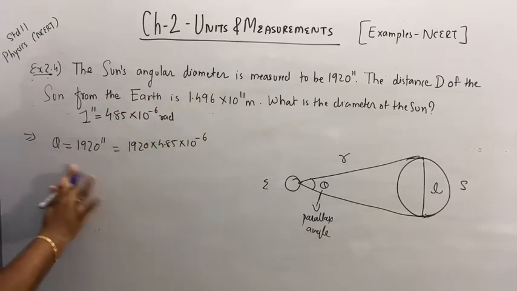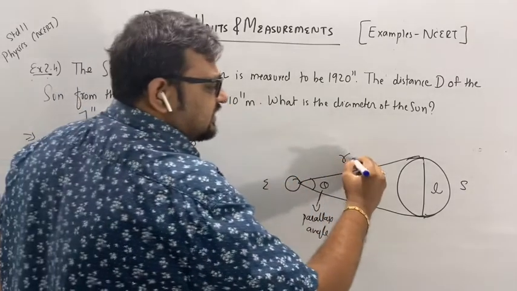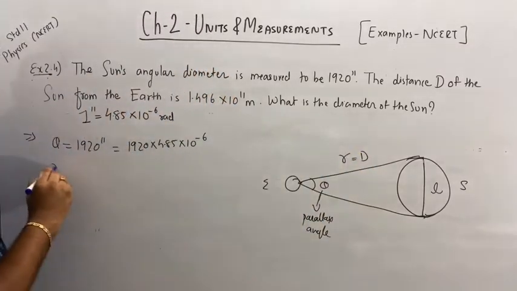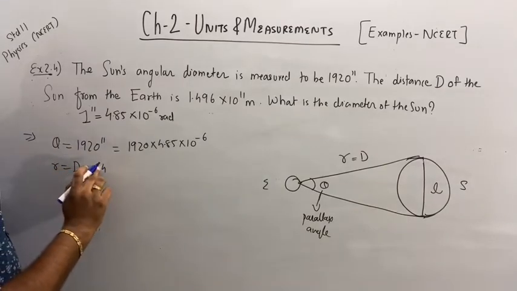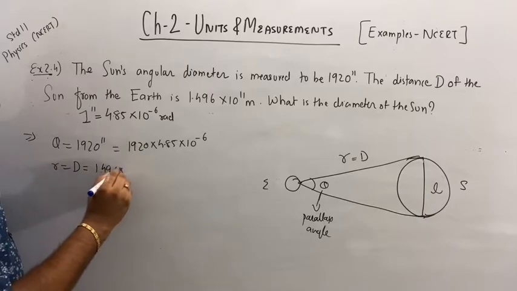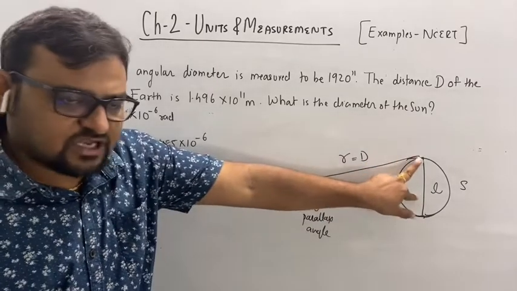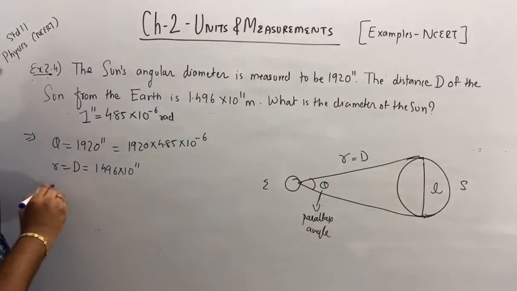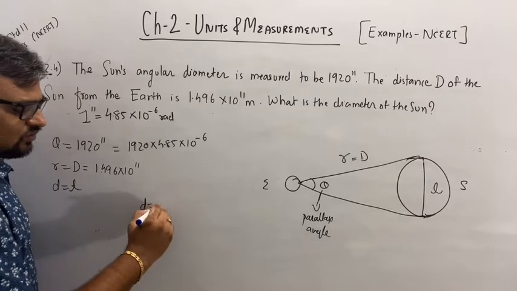R we will take as D, the distance from the earth, and that is equal to 1.496 into 10 raised to 11. You have to find the diameter of the sun, meaning L.